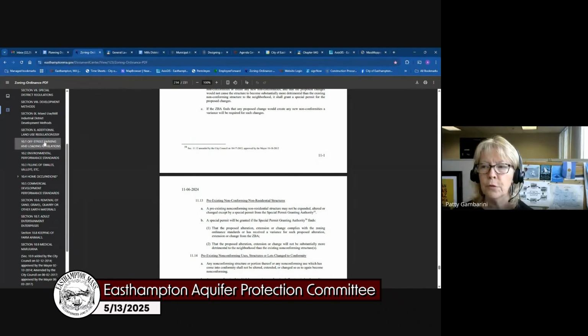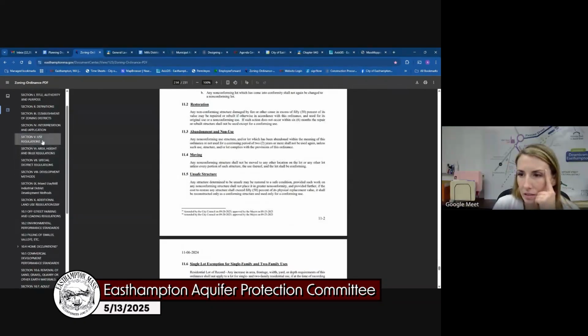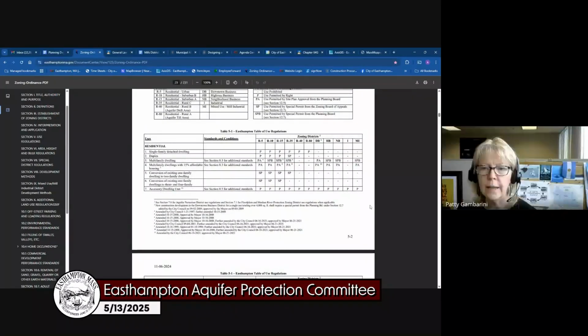The use tables for those districts, R40 and R80. Yes, that's what I meant. Okay, so you're going to do that.